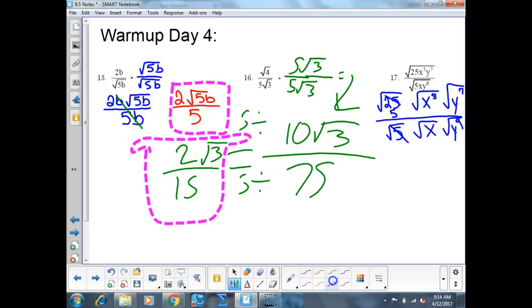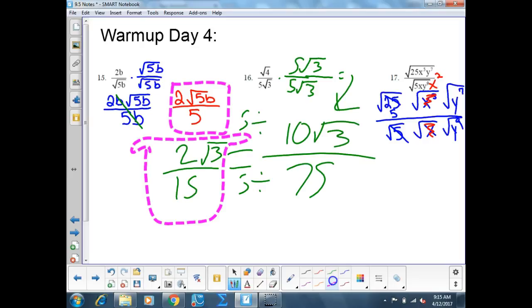And then that's x to the 5th, right? Yep. Can you do me a favor? Just switch to another color. There you go. So that square root of x goes away, and then on top it becomes the square root of x to the 4th, which then becomes x squared.